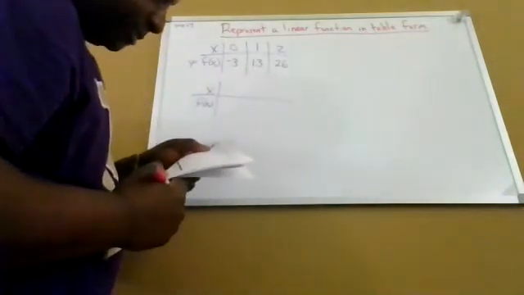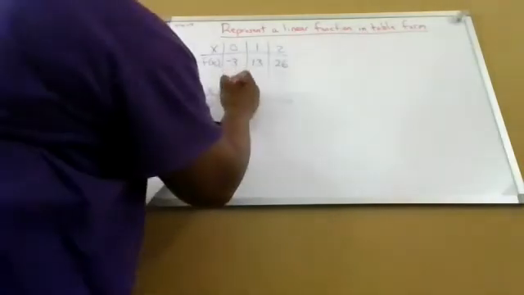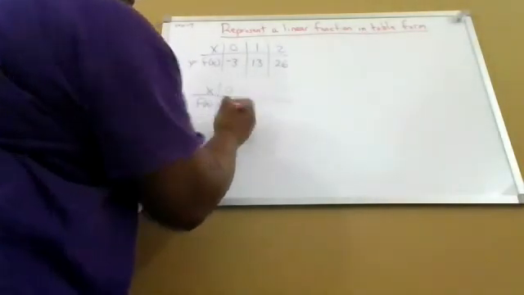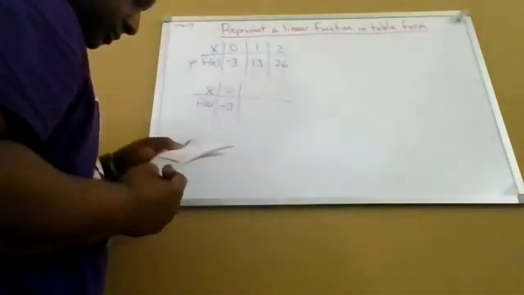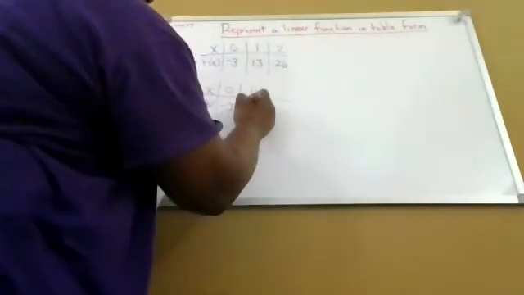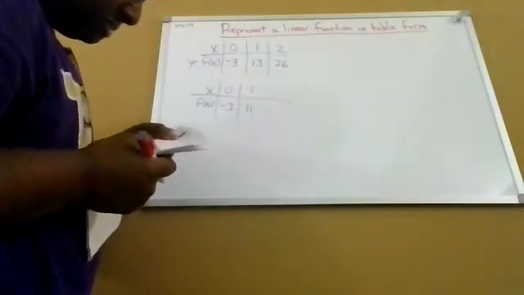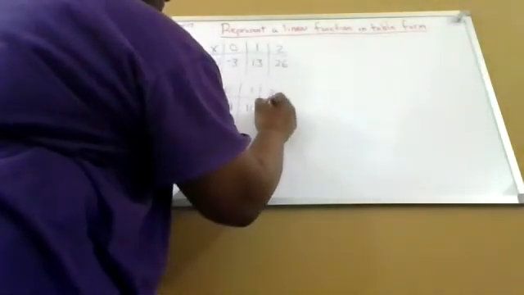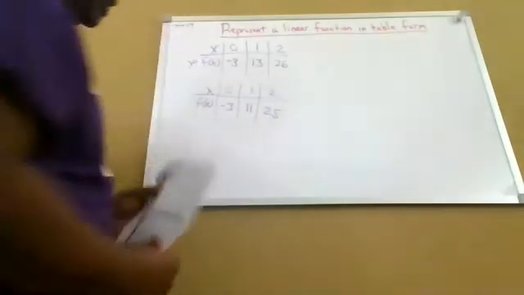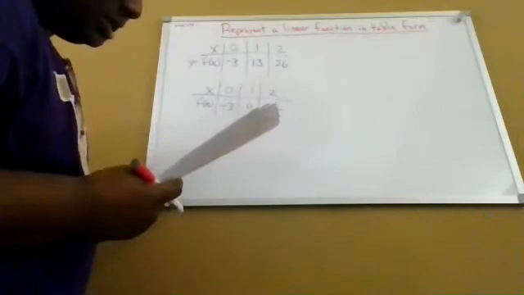For my second table: 0, -3; 1, 11; and then 2, 25. So that means when x equals 2, y equals 25.